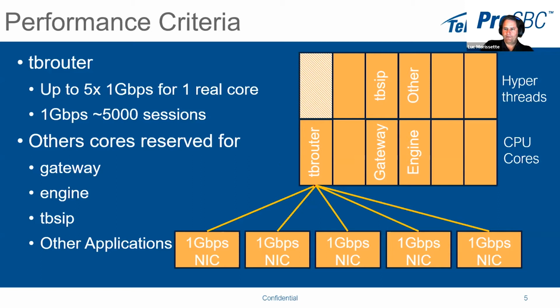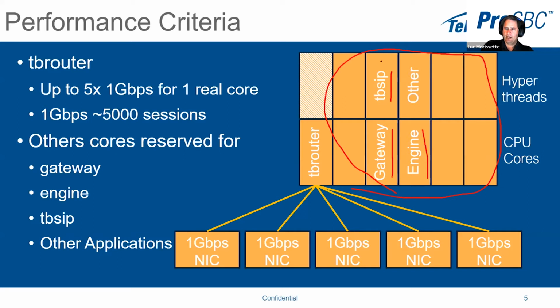If you have a system like this, you have 5 interfaces dedicated to one core. You have a lot of other threads here that can be used for the rest of the applications. I already showed you the gateway application, the engine application, and maybe also SIP. Each one of those will take the bigger part of one thread of the system.